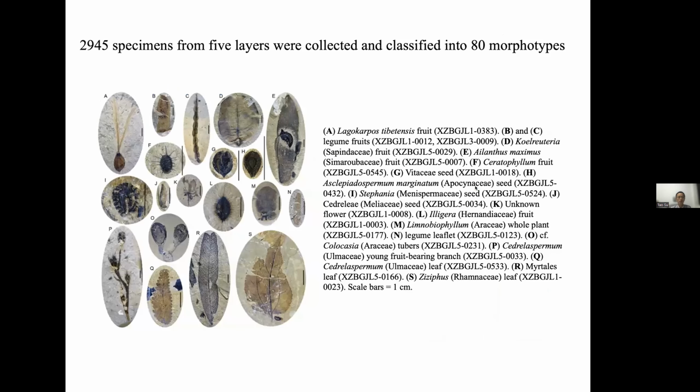Until now, we have collected around 3,000 specimens from 5 layers, and we have classified them into 80 morphotypes. You can see there are some fruits and seeds and leaves, of course, and leaves are the most abundant, and even some flowers, like the one in the plate.